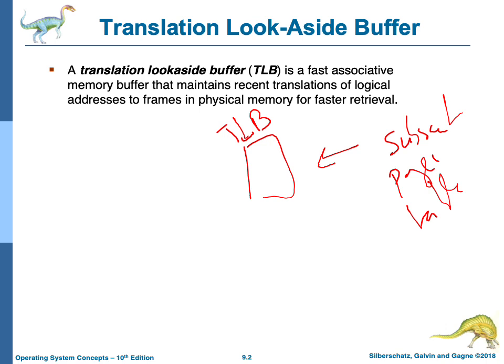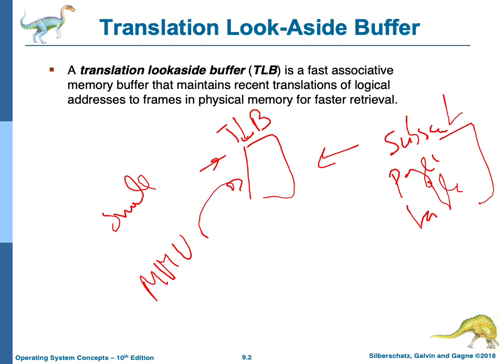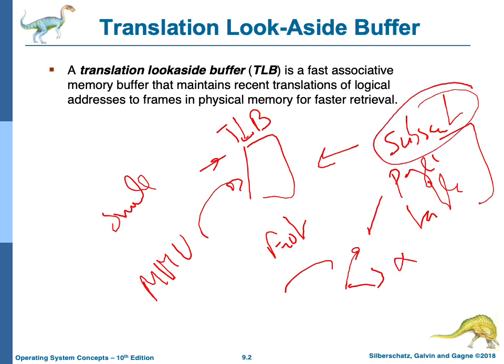We cannot put all the entries of the page table in it. Once the CPU generates an address, the memory management unit first checks the TLB because it's fast access. And then there will be two possible scenarios: either the address is there or it's not, because the TLB has just a small subset of the page table, not the entire table.